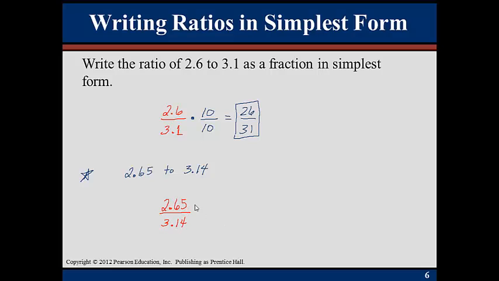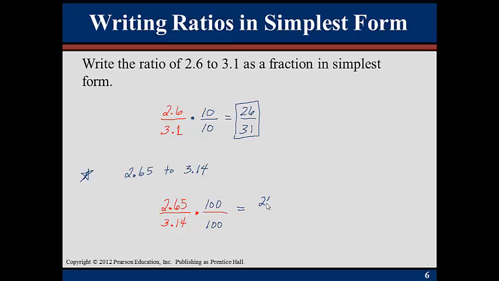Now again, we have a fraction with decimals, so we know we're going to multiply by a power of 10, but which power of 10 will it be? How many decimal places does each decimal have? 2. So I want to multiply by 100. It has 2 zeros. And because it has 2 zeros, remember we know to take the decimal point 2 places to the right.